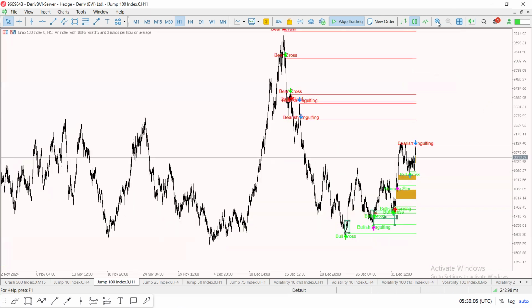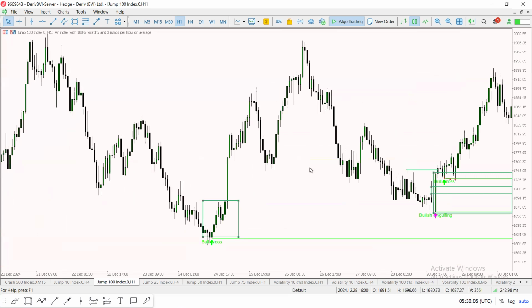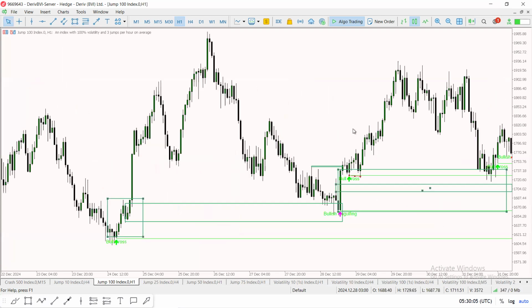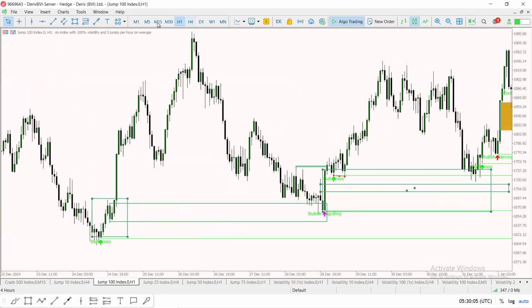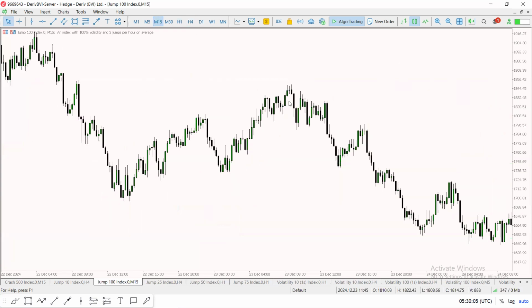We have this one here. So on H1, we have that 50% still there. This 50% came with an order block, all right? You can see that entering off this, you would have had a nice move. But let's go to M15 and see what happened there.